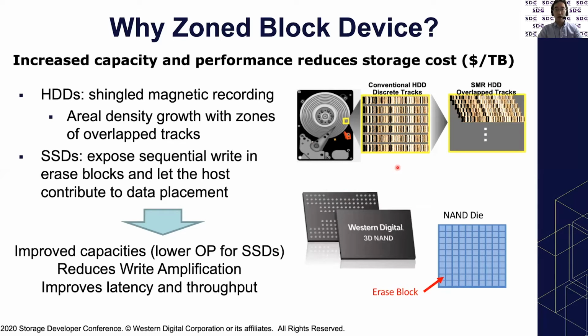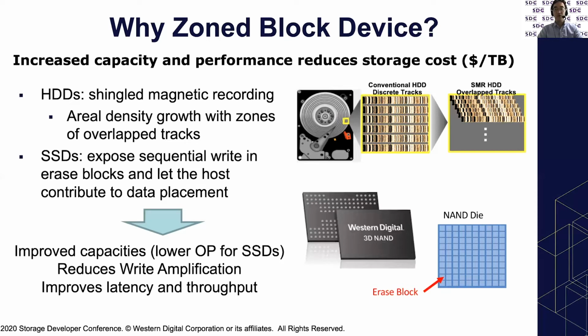And to allow this overlap, the write to the track must happen in a sequential manner. Similarly, NAND memory or SSD can have a cost benefit from the sequential write requirement.